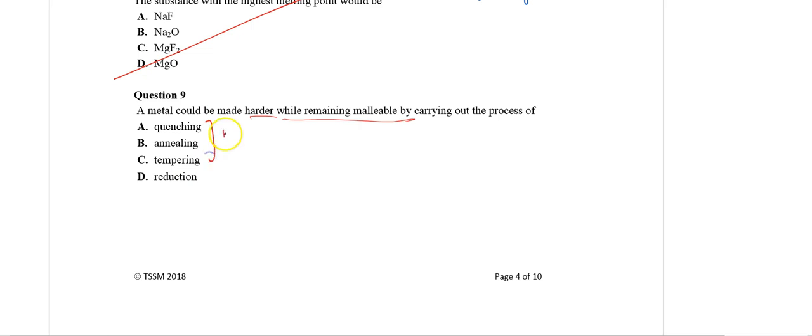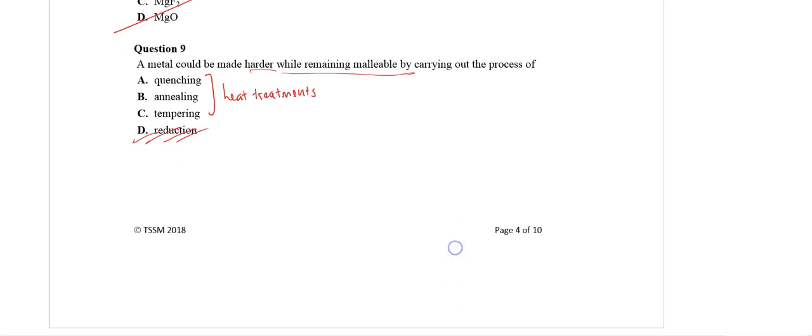Okay, and these are the heat treatments. Reduction is just a reaction that chemicals can do, and I don't think it has anything to do with making a metal harder or more malleable. Now, quenching makes metals harder, but very brittle. You remember that with those hairpins that you heated and chucked into water, they broke on the first go.